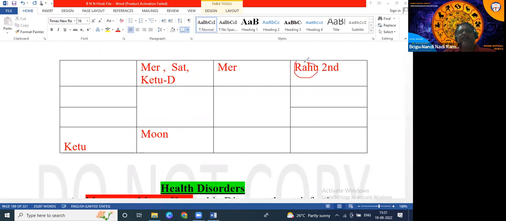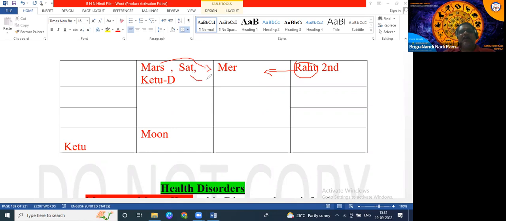Rahu should be in the second house because it will aspect anti-clockwise. And suppose let's take Mars here. So Mars aspects clockwise, so it will aspect Mercury.